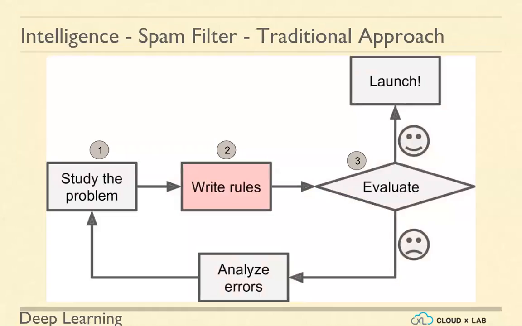So this was the traditional approach where we would study the problem, we would write the rules, and then evaluate the rules, and then analyze the errors, and again study the problem more, and then add more rules, and then evaluate. If it is giving good results, then we launch. Otherwise we do not launch.